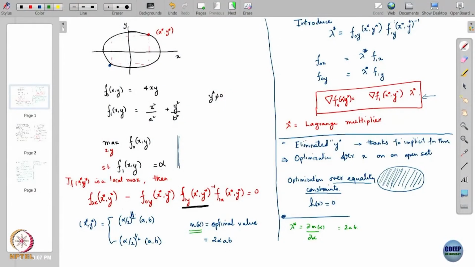Alpha was the right hand side here. So, alpha tells you how big is your ellipse, right. If I scale alpha, my ellipse magnifies or becomes smaller. So, if I change my alpha slightly, how much would the area of the largest rectangle change by? That is what my lambda star is telling you. Lambda star is the derivative of the optimal value with respect to alpha.